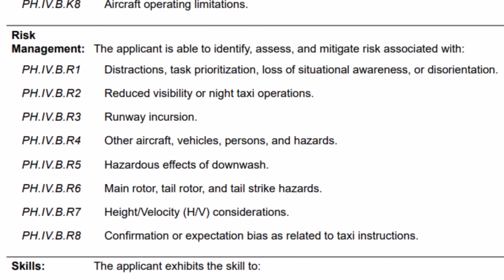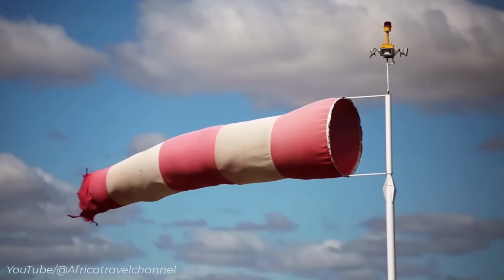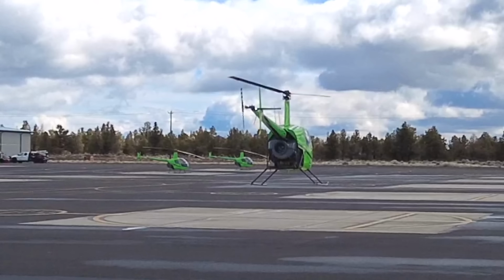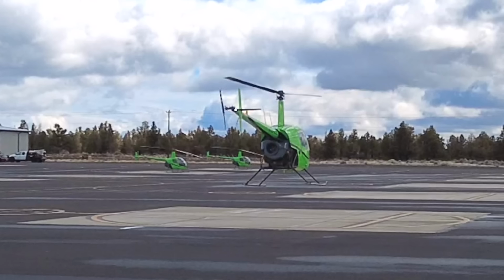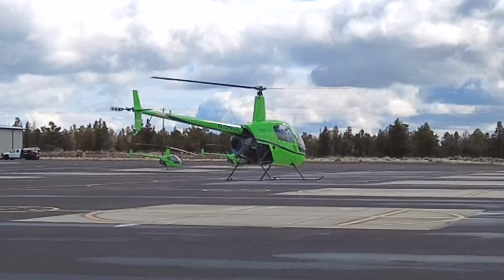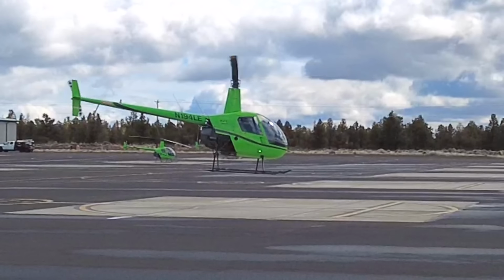I'm kind of surprised there's no mention of loss of tail rotor effectiveness, or LTE, in the risk management section of those ACS tasks. Certainly speak up to the evaluator if you think there's an LTE risk and you have some concern, and you may need to modify the heading of the aircraft to avoid that and demonstrate good risk management or aeronautical decision making, or ADM.